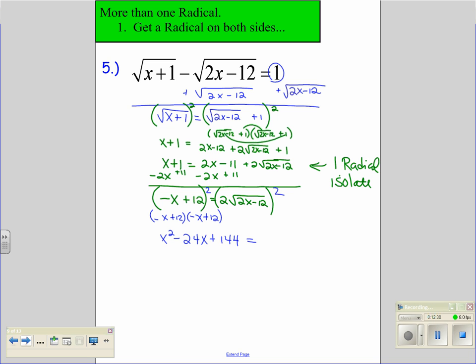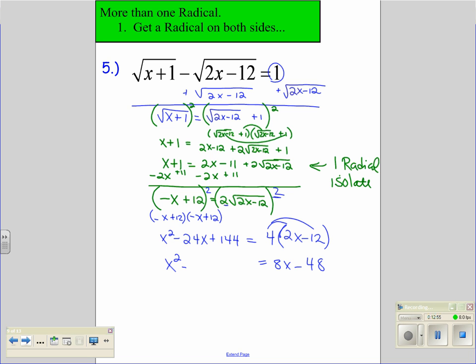Squaring the right-hand side, 2 squared is 4, and squaring a square root will make the square root go away. So I'm going to just have the stuff from inside the square root, 2x minus 12. Distribute the 4 through, and that's going to give me 8x minus 48.